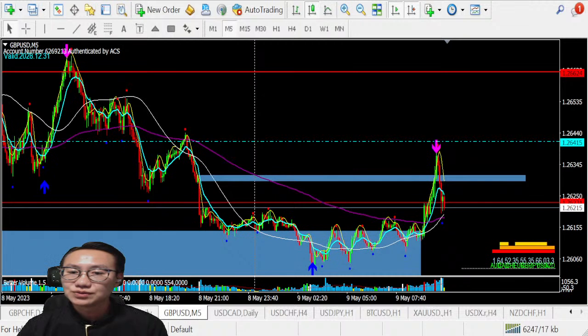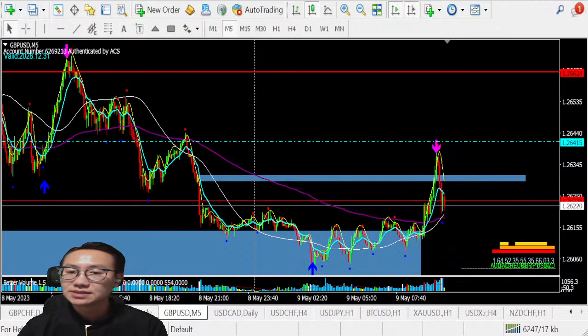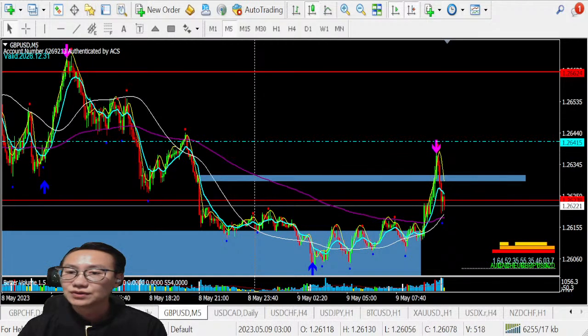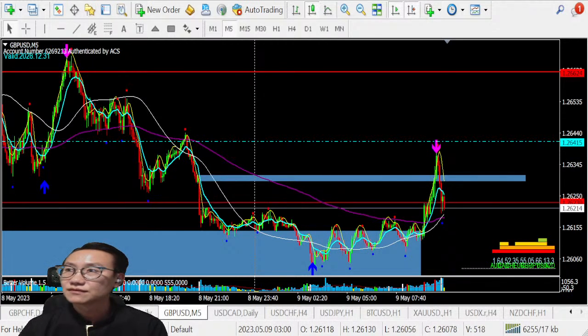A better selling range should be 126.42 to 126.52.